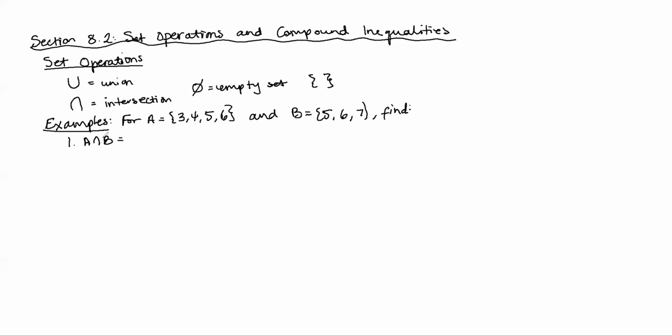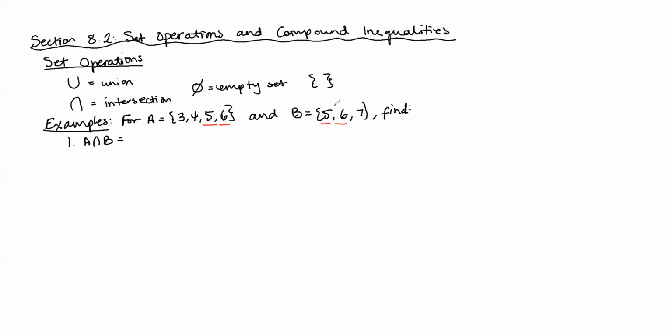Now, for intersection, you want to think of kind of the overlap between the two sets. It's where they intersect. So if we look at our two sets, we have 3, 4, 5, and 6, and then in the other set, we have 5, 6, and 7. So where's the overlap? What do they have in common? Well, they both have a 5, and they both have a 6.